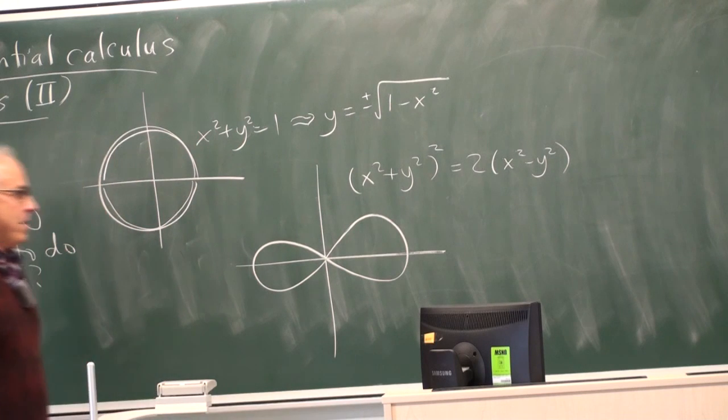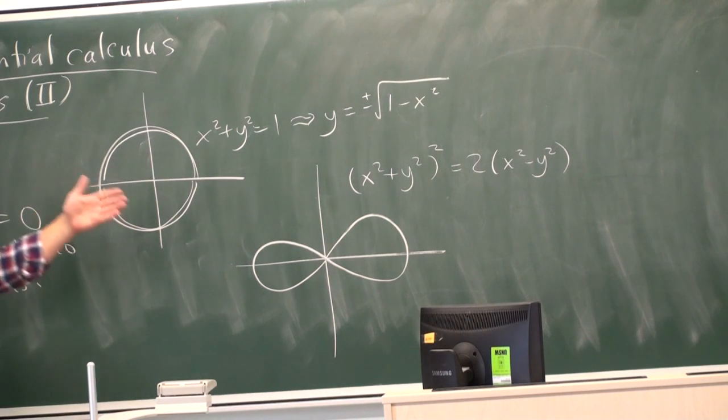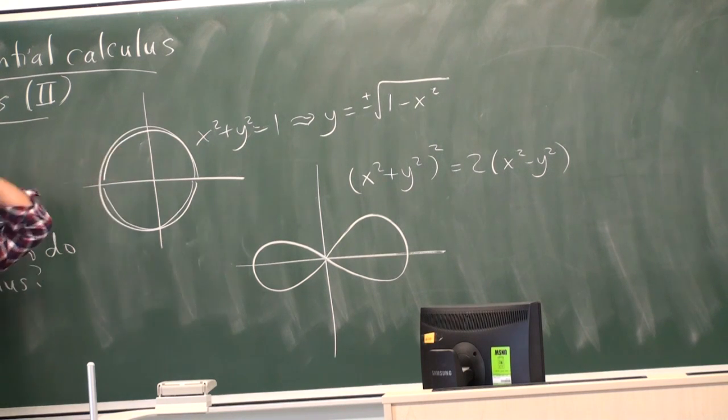Okay, so it's a little bit more complicated now to talk about solving for y, or if you have a higher degree curve, it may be completely impossible to solve for y as a function of x. So this kind of approach doesn't work.